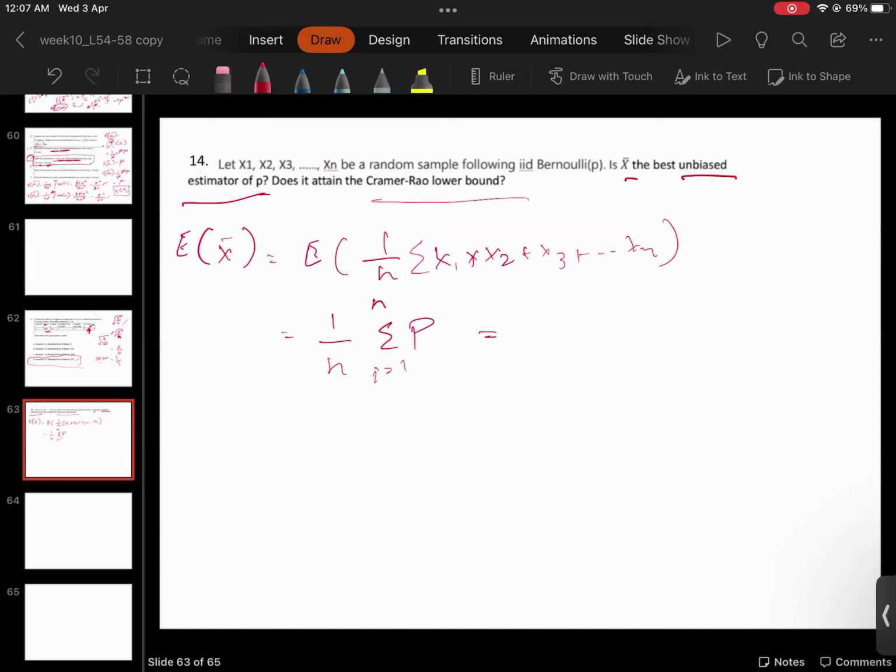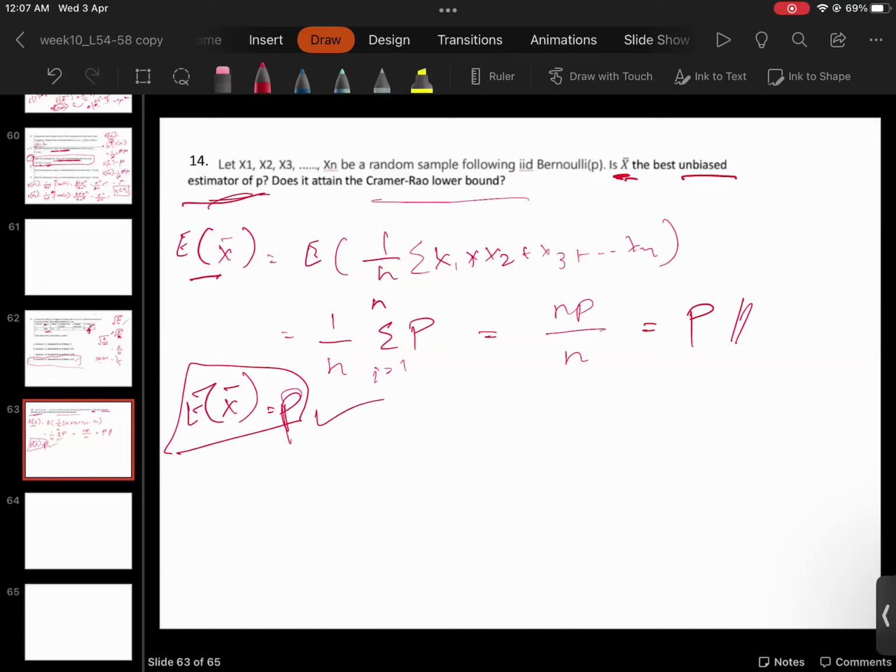So when you apply this, you'll have np divided by n. So you have p. So yeah, because expectation of x bar is equal to p, it is unbiased. So x bar is an unbiased estimator of p, that holds. And then we need to see, does it attain the Cramér-Rao lower bound? So how do we know this?